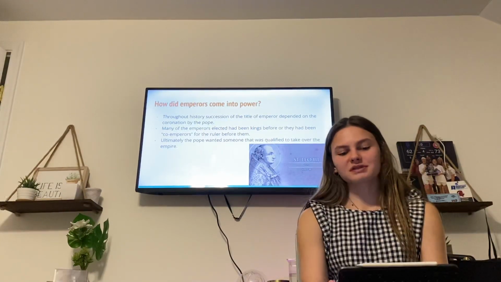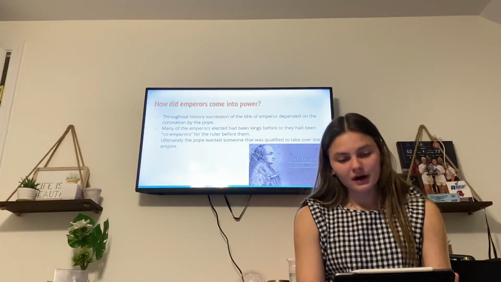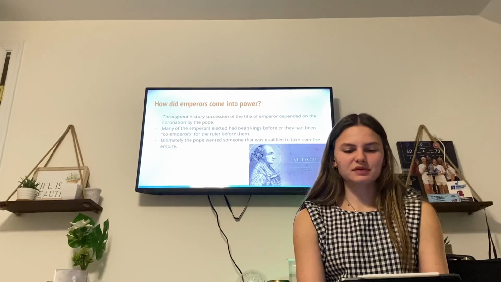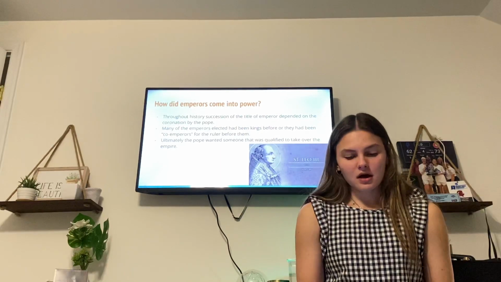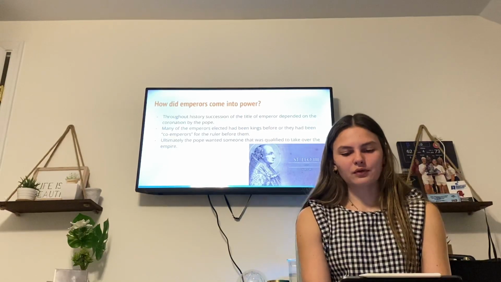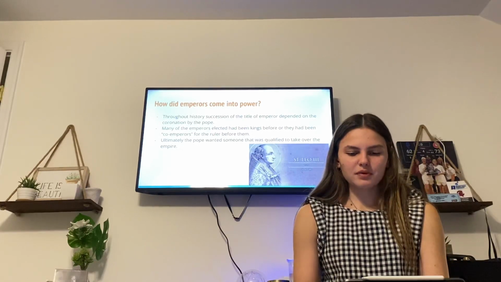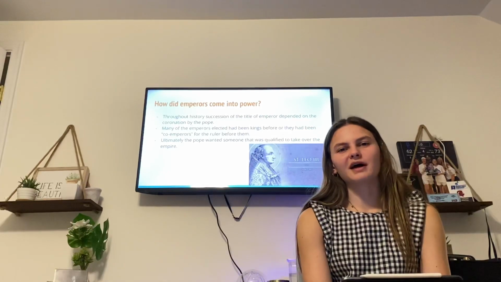How did the emperors come into power? Well, the succession of an emperor was completely dependent on the Pope. The Pope would choose someone to coronate, and the Pope wanted someone who was qualified.